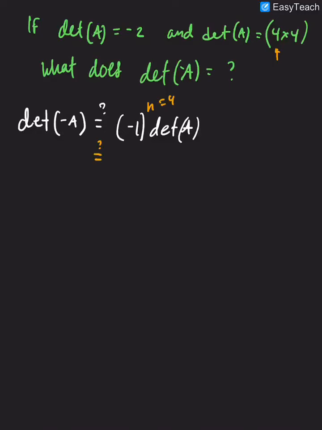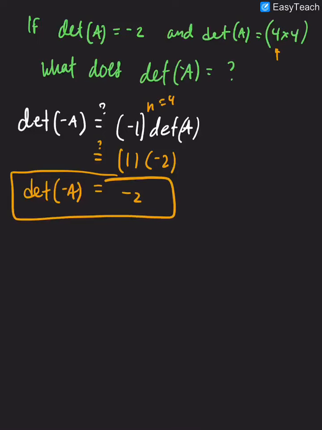Oh, that's right. It's just 1. Okay, so no problem. The determinant of A, what does that equal? Oh yeah, negative 2. So here we have the determinant of negative A is equal to negative 2. There's your answer, buddy.